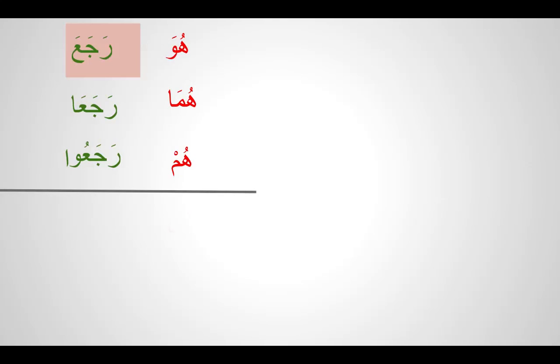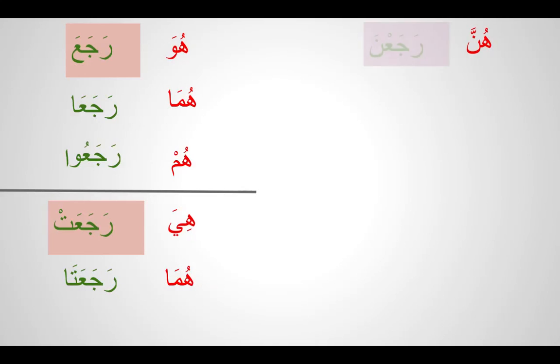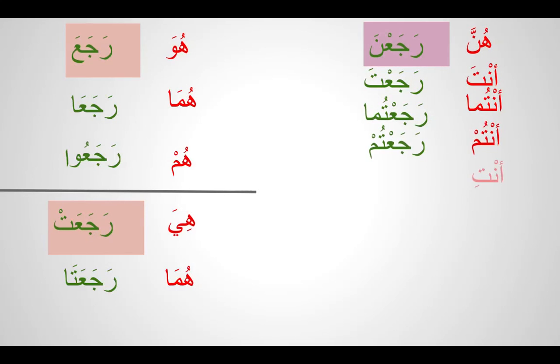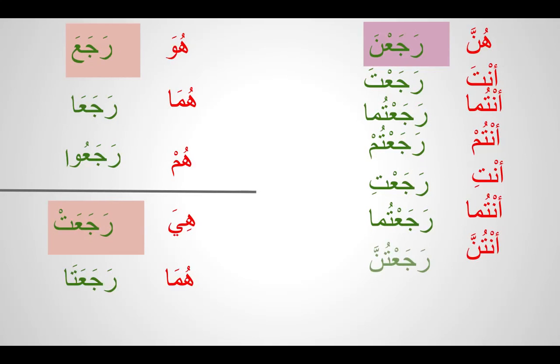So let's do one more example. Raja'a, huwa raja'a, huma raja'a, hum raja'u, hiya raja'at, huma raja'ata, hunna raja'na, anta raja'ta, antuma raja'tuma, antum raja'tum, anti raja'ti, antuma raja'tuma, antunna raja'tunna, ana raja'tu, I return, and nahnu raja'na.